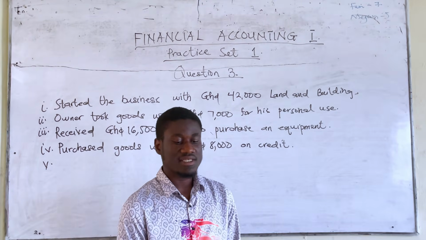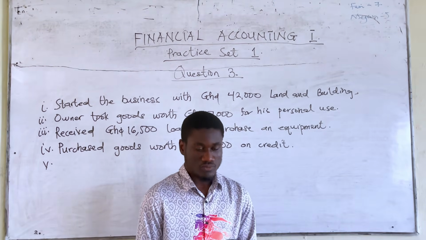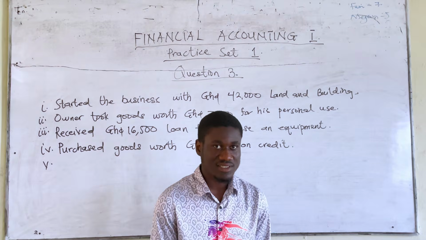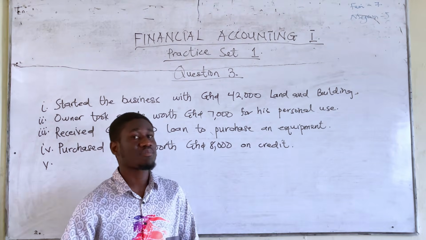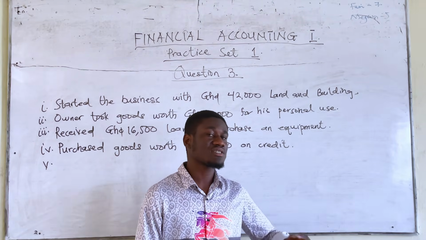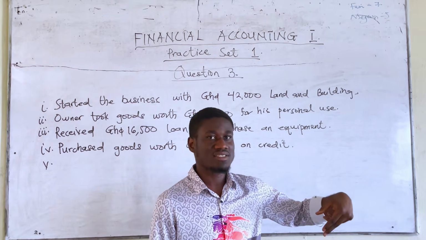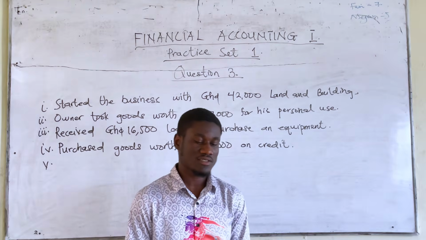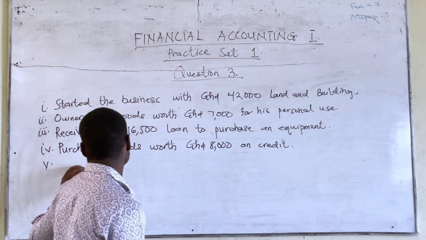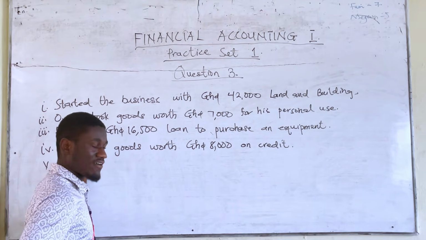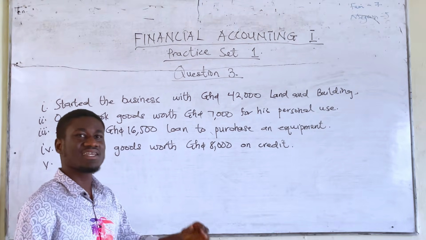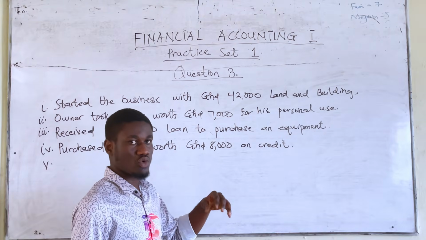Here they said a decrease in stocks, and also an increase in debtors. Debtors are people we sell to, and when we sell to them on credit, the people who owe us are our debtors. So the question says a decrease in the stocks we have, and an increase in the amount the debtors owe us.